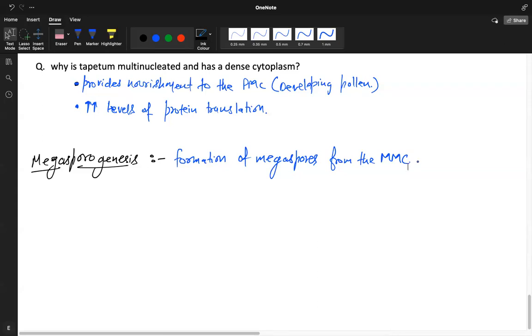Okay, so you can write down: in megasporogenesis, a single megaspore mother cell usually differentiates into an ovule.